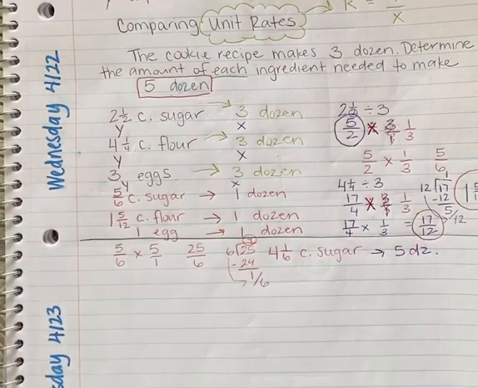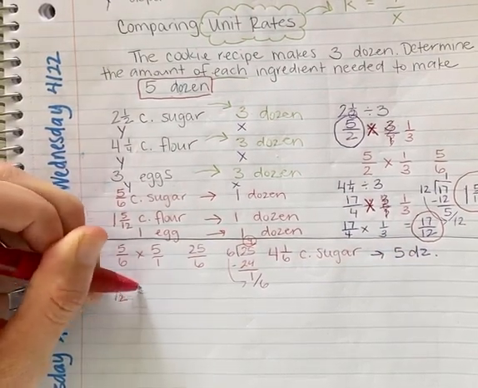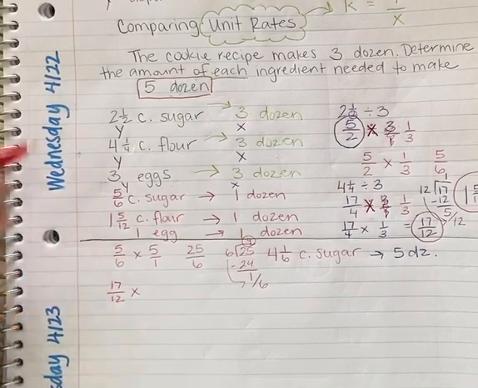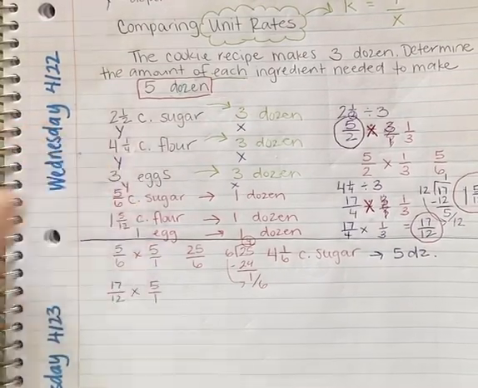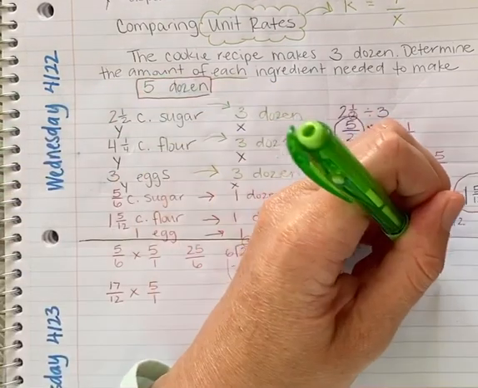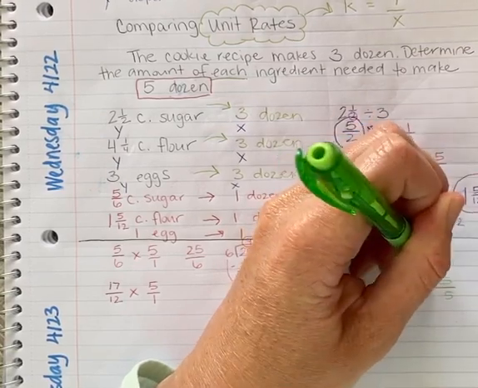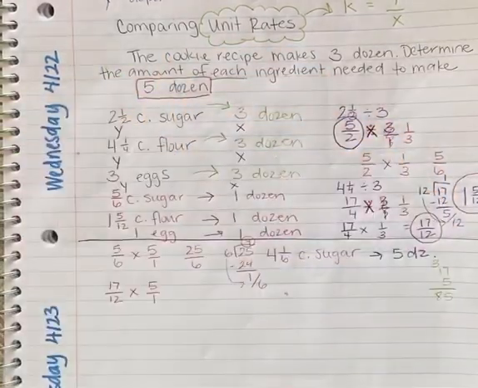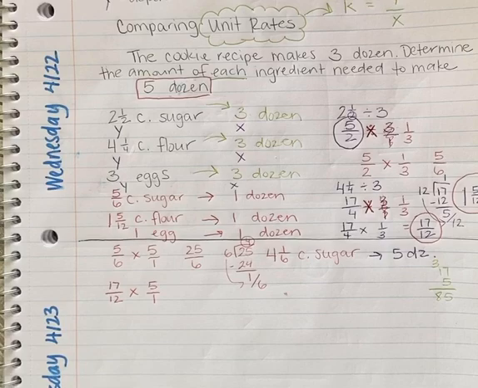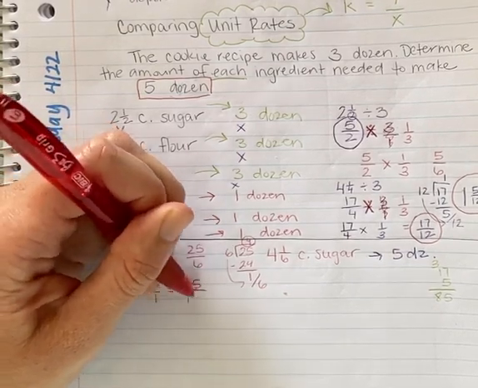So I'm going to use the improper fraction version, 17 over 12, and that's for 1 dozen, so I want to multiply it by 5. 17 times 5 is 85. So this is going to be 85 over 12.